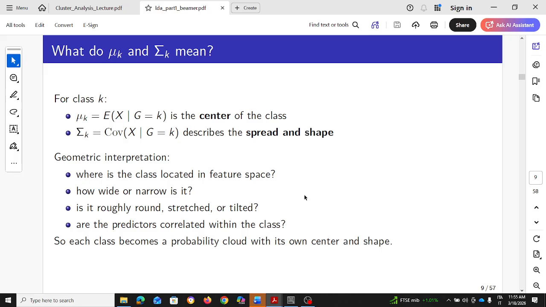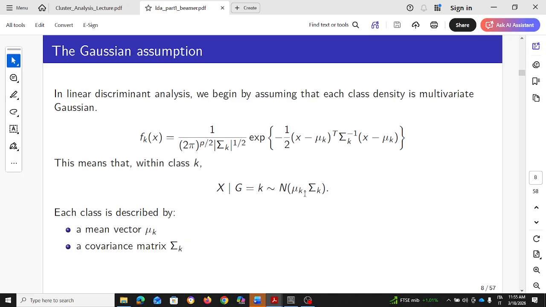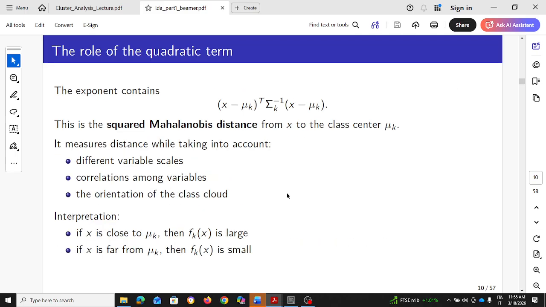And with the covariance, I know if my class is narrow or wider, what's the shape. Based on shape, we decide which method we are going to apply, like LDA, which one to assume. If you assume this one and it best explains your data, you say okay. But if you see something very strange, you change to another, maybe to naive Bayes, and then you try which one gives you better results.